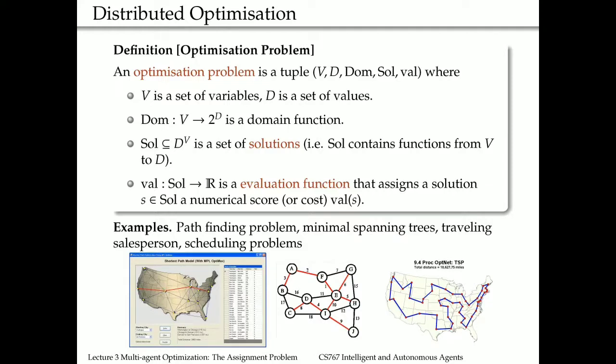Since undergraduate level computer science, I think we have seen many different optimization problems: a pathfinding problem, which is the classical graph theoretical problem, and also the minimal spanning tree problem, traveling salesperson problem, scheduling problem, and so on. All of these problems fall into the category of optimization.